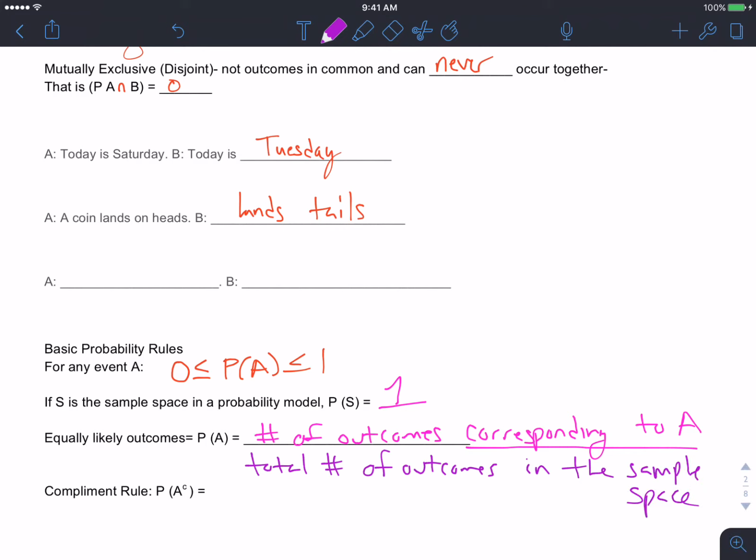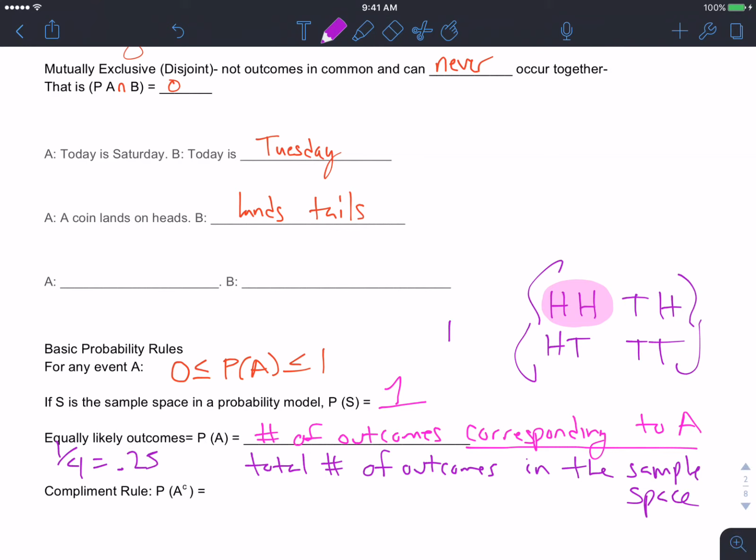And that's just like, hey, what are my odds of getting heads if I flip a coin twice? And we knew the outcomes were heads, tails; tails, heads; or tails, tails. Well, if this is my sample space, only one of them is heads. So 1 out of 4 is 25%, or 0.25.